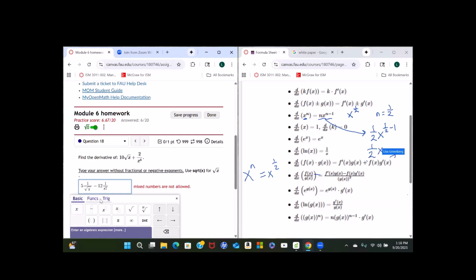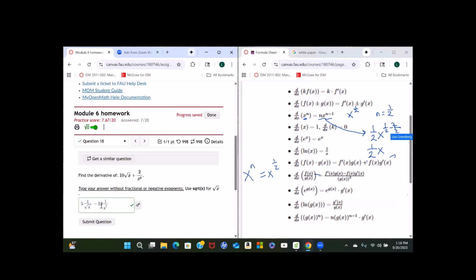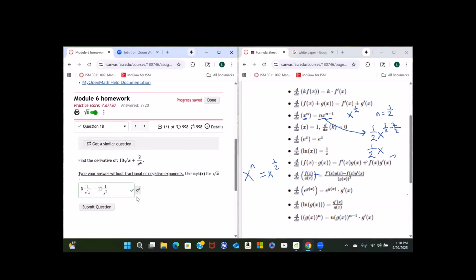What's 1/2 minus 1? 1 is the same as 2/2, isn't it? What's 1 minus 2? -1. Right, 1/2 minus 2/2 equals -1/2.